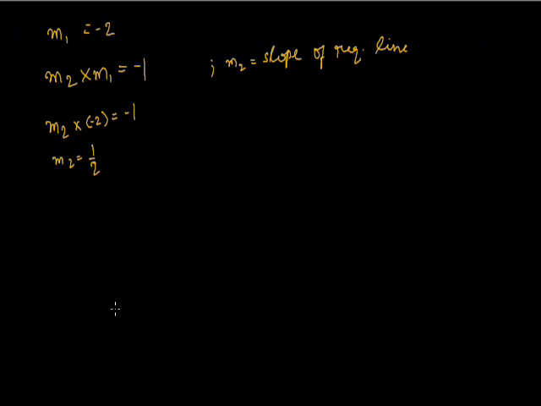Now since the required line is a perpendicular bisector of the line segment joining the 2 points A and B, it should pass through the midpoint of AB. Now let P be the midpoint of line segment AB.